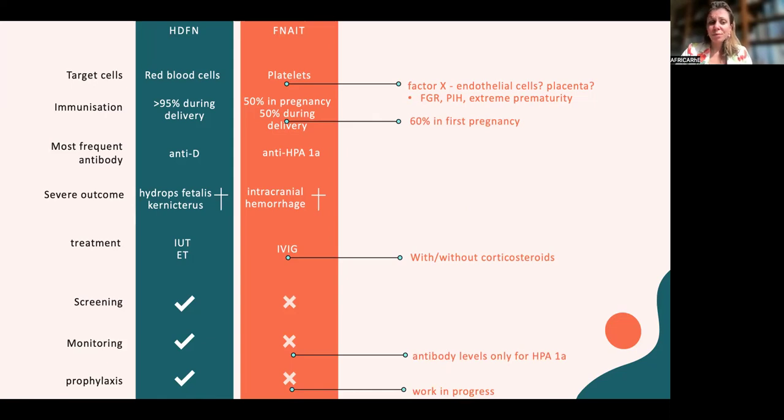We have prophylaxis work in progress, but that's far from being clinical care. And there's no opportunity to do monitoring during pregnancy by ultrasound. Although we learn more every time about the antibody levels that can be helpful to determine and to treat before it's too late.